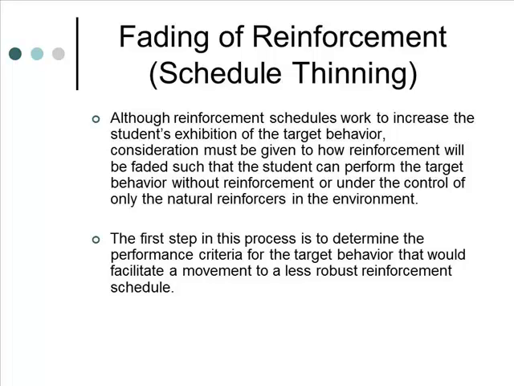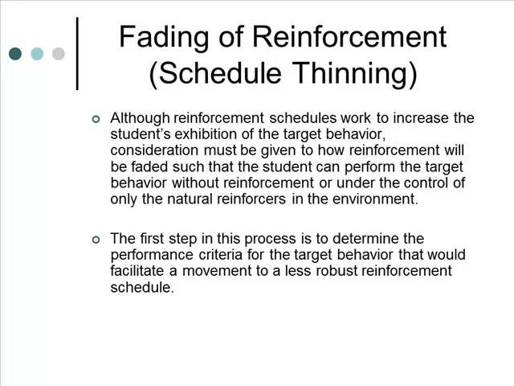The first step in this process is to determine the performance criteria for the target behavior that would facilitate a movement to a less robust reinforcement schedule. Oftentimes we can find this criteria in the goal that we've determined for our instructional program, the performance objective. So perhaps the goal is to answer questions regarding time to the 5-minute interval, 8 out of 10 daily trials, 3 out of 4 days.